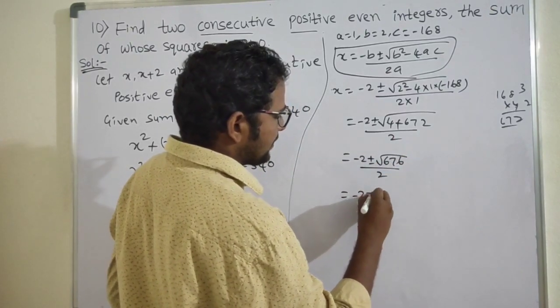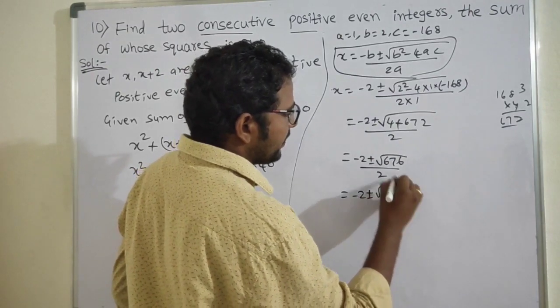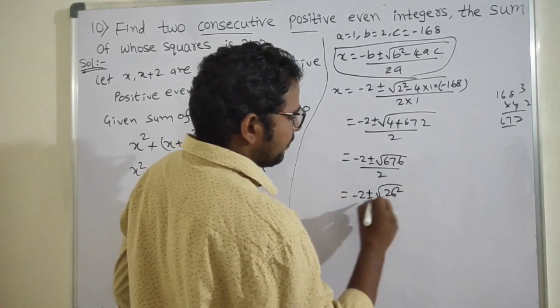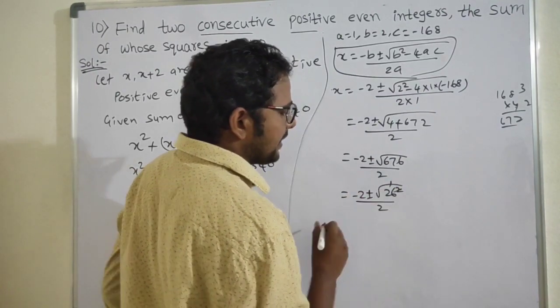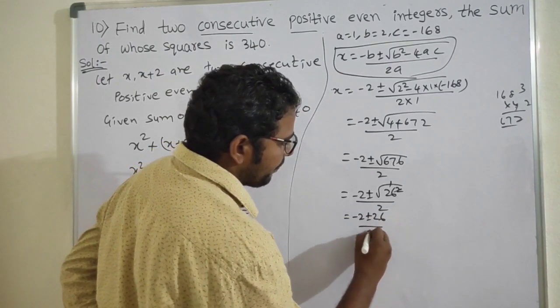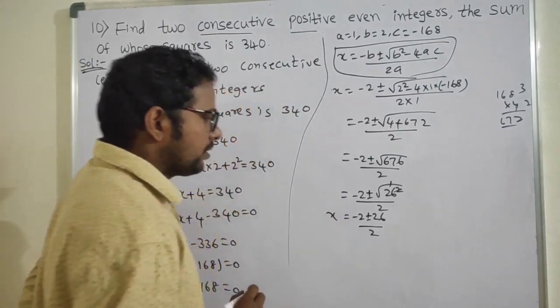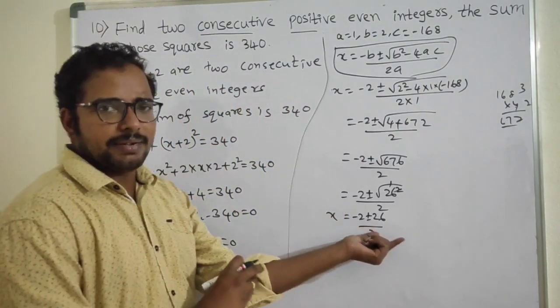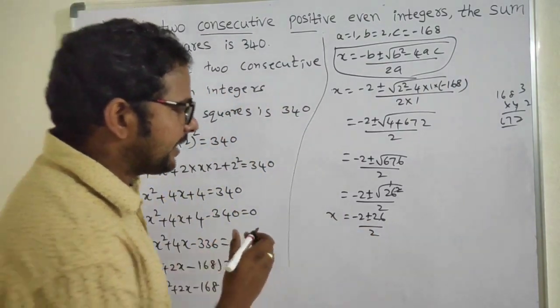So x equals minus 2 plus or minus square root of 676, which is 26 squared, by 2. Square root and square cancel. So minus 2 plus or minus 26 by 2. Here we have plus or minus: one take positive, one take negative.